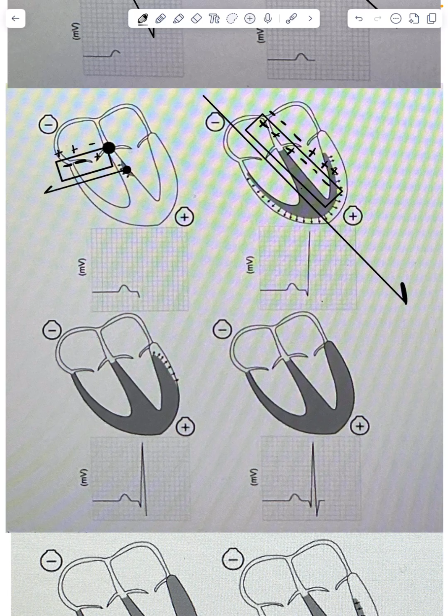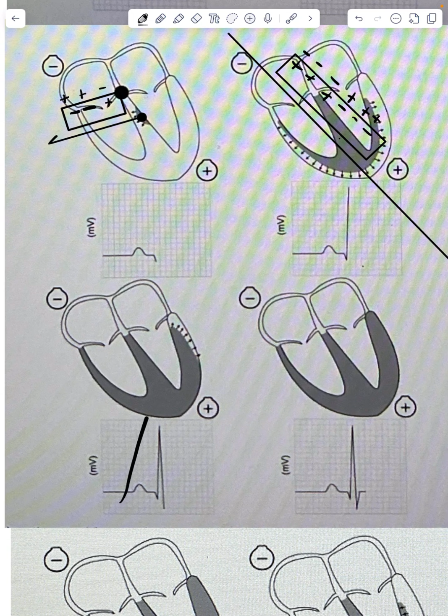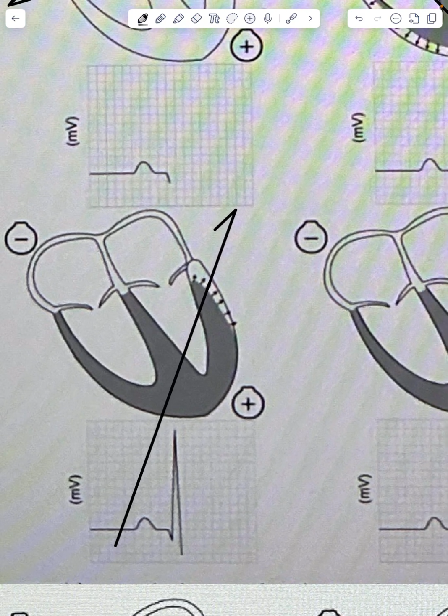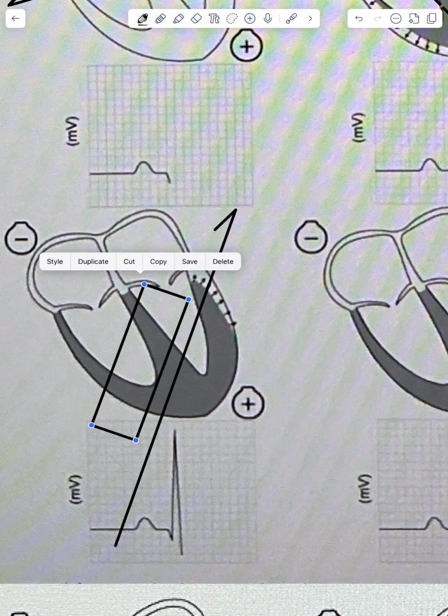Now we're obviously changing magnitude, and I would say this way would be our vector addition. So we have this cell, and now we're still depolarizing, so we're still going from a positive to a negative.